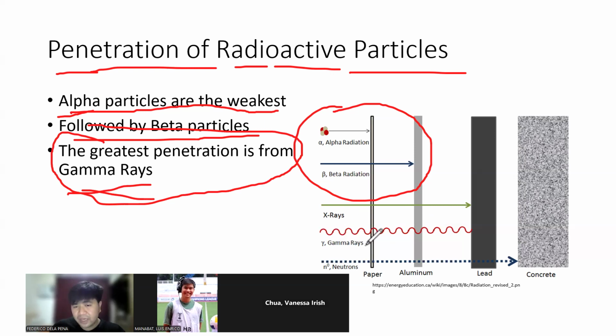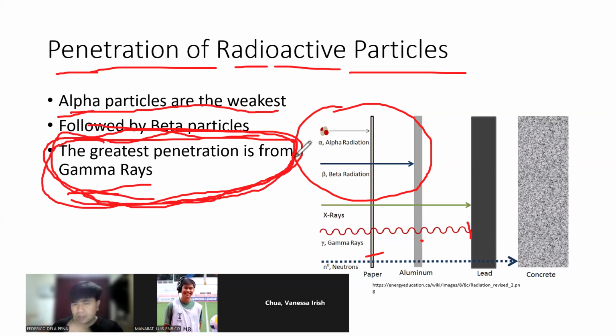They can penetrate paper and aluminum, and are totally blocked by lead. For practical purposes, gamma rays can only penetrate approximately 0.1 meter into the soil.